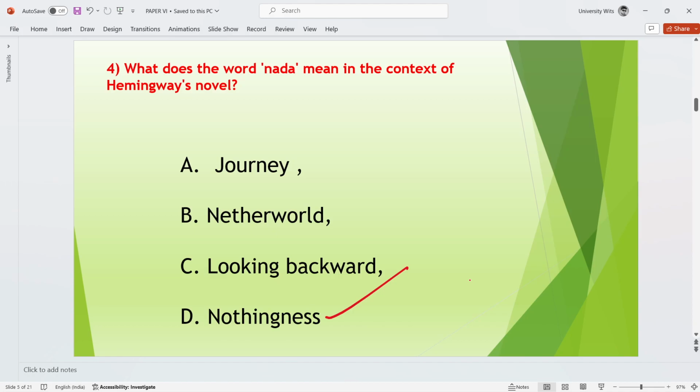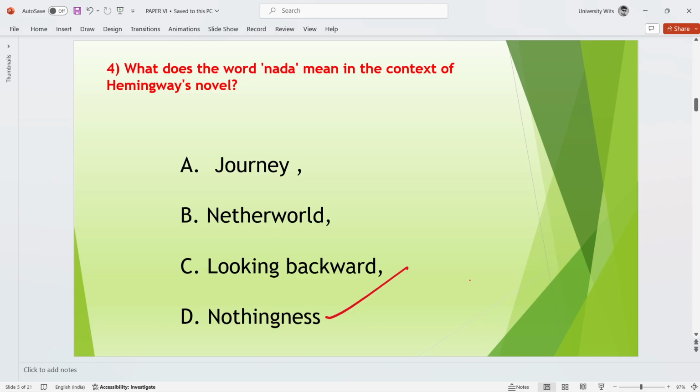So this concept of nihilism, this is the concept, guys. This concept of nihilism is the central theme of the story.